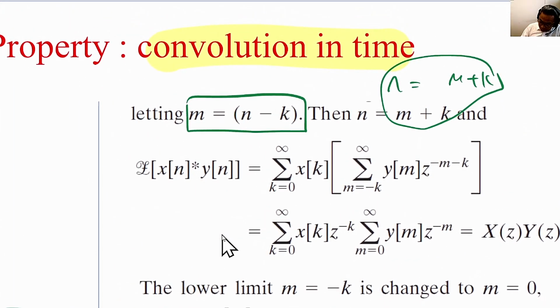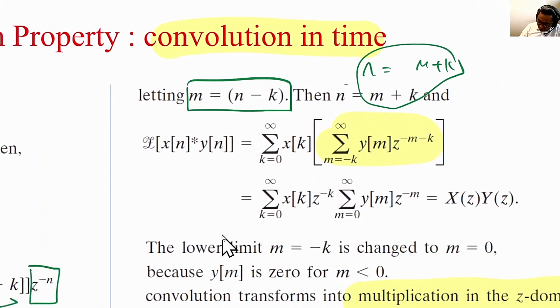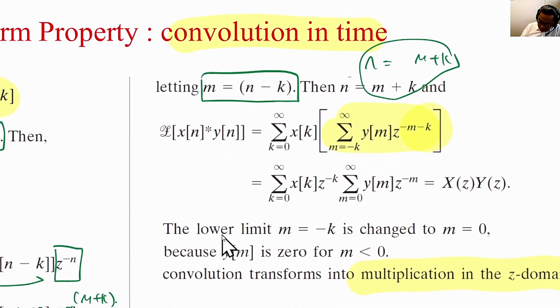So we have this equation, where it almost looks like the Z transform of a sequence y[m]. All we need to do is break this unnecessary z^(-k) out and bring it to the other side.